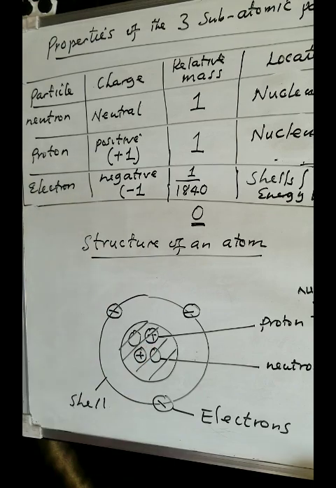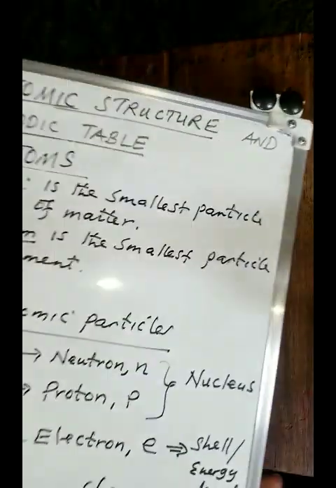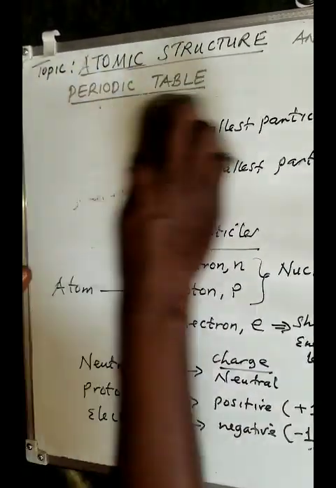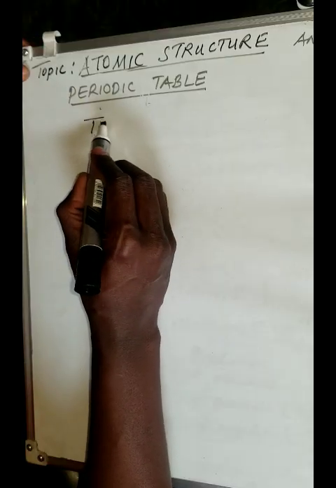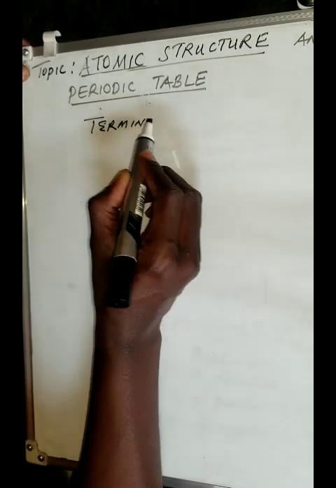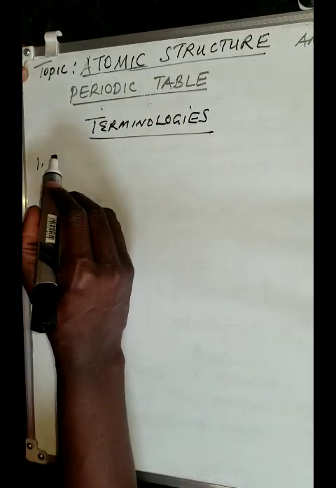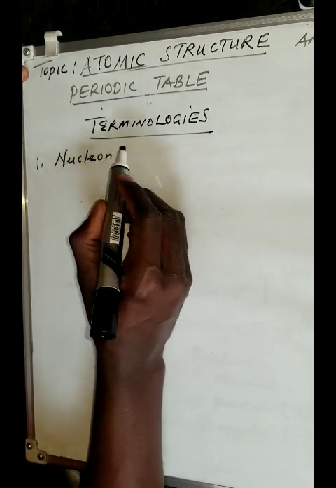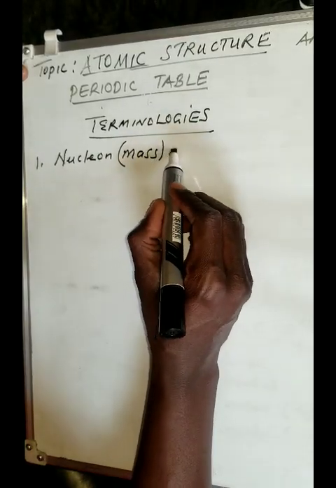Now there are some terminologies associated with an atom that you need to become familiar with. Number one, we can talk about the nucleon number. Sometimes the nucleon number is also called the mass number.